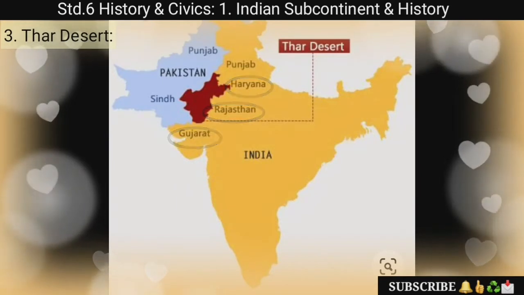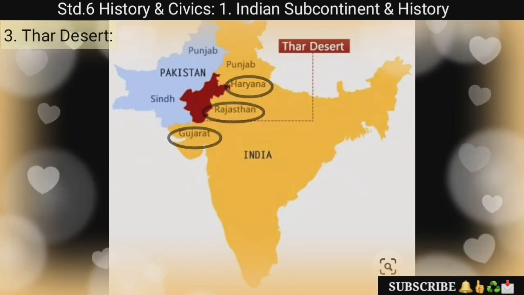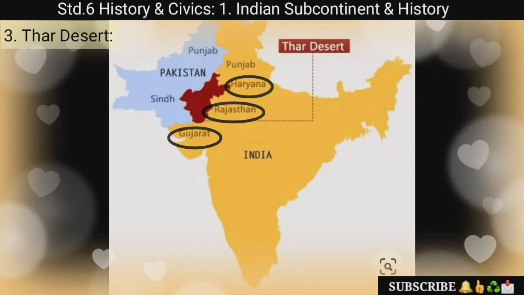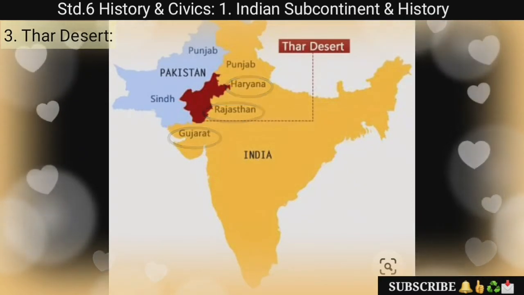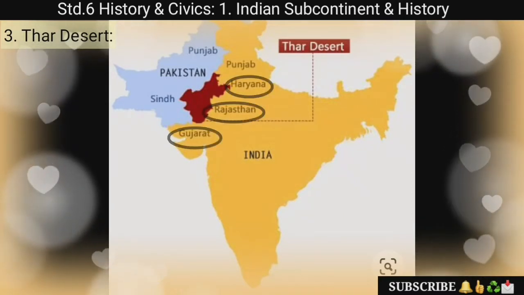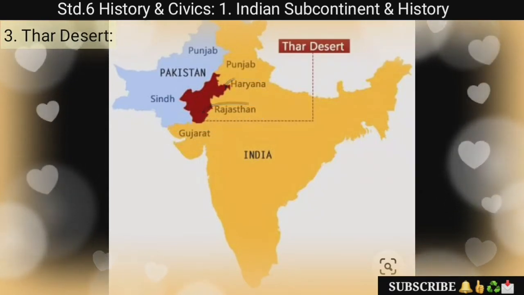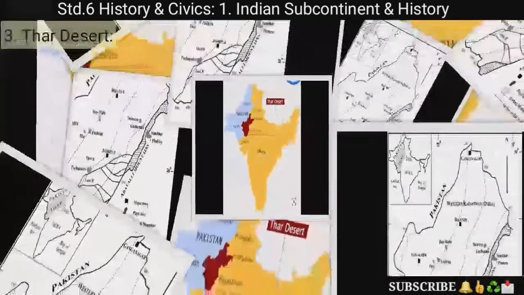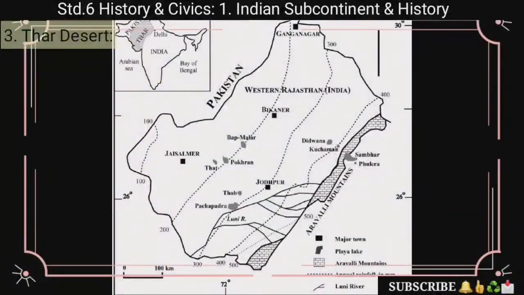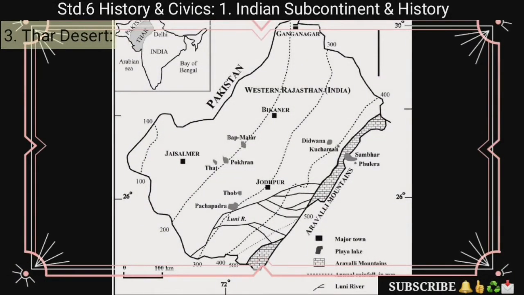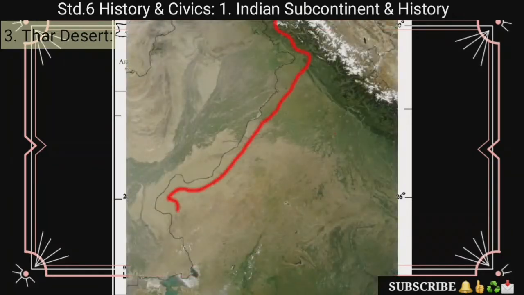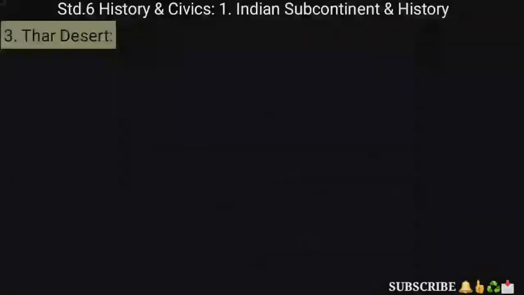The Thar desert, also known as the Great Indian Desert, is a large, arid region in the northwestern part of the Indian subcontinent that covers an area of 2 lakh square kilometers and forms a natural boundary between India and Pakistan.